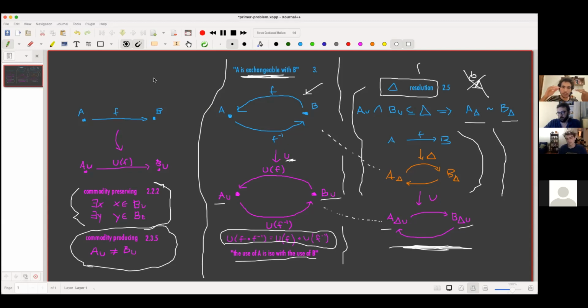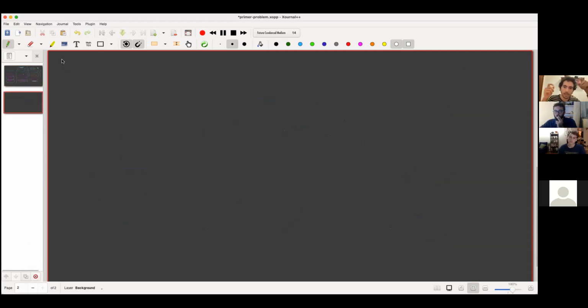And then exchangeability has to forget a lot of this structure and only find a small subset of arrows which preserve value. So it's the coarsest. It's coarse because it will eliminate a lot of the production edges and just leave out the arrows that make commodities exchangeable.